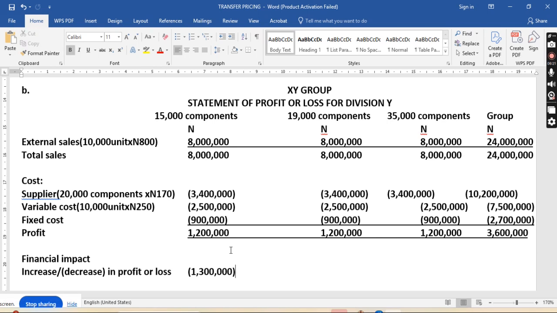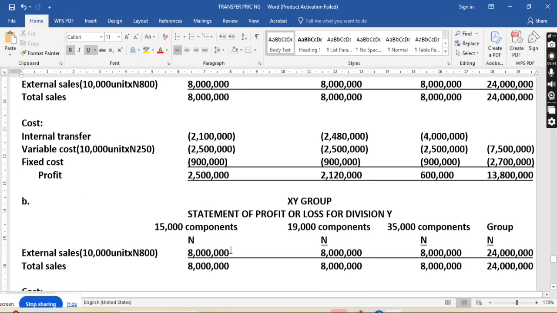Because we want to know the financial impact, it is always good to understand the question. Performance management does not have a specific format or rule that you must follow. Whichever way you want to do it, arrive at the same answer and be able to defend what you write.